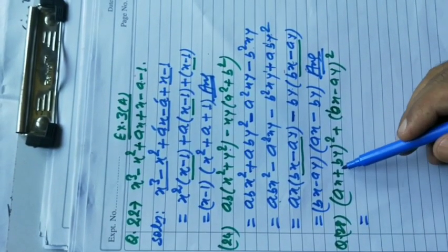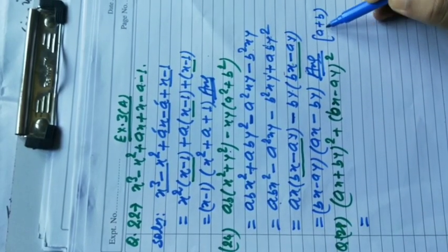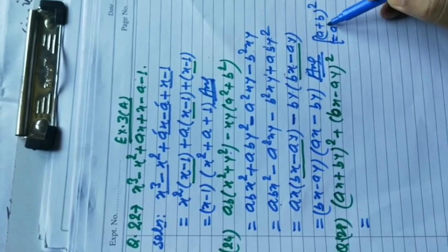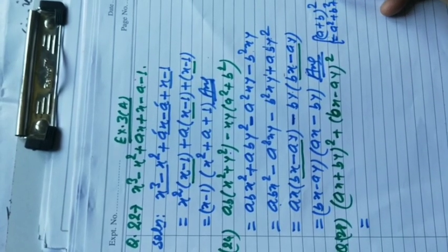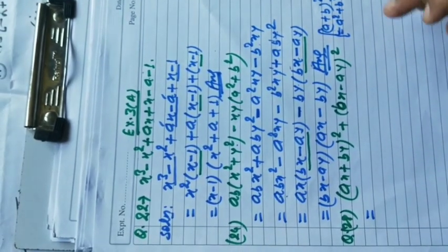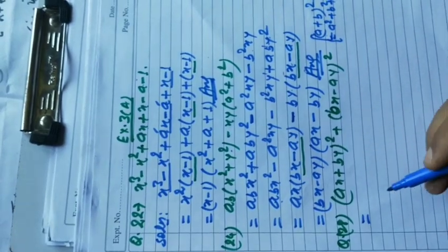So let us expand it. On the identity, (a plus b) the whole square is equal to a square plus b square plus 2ab. So let us expand this on this identity.